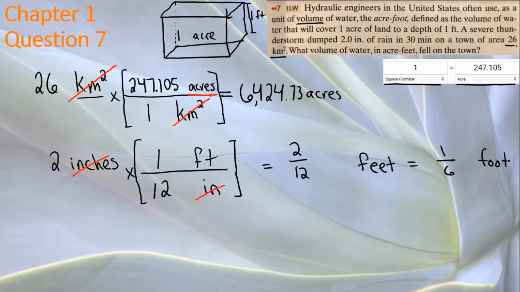Now, referring back to our definition of the acre-foot, we can see that the acre-foot is a volume that is a base of 1 acre multiplied by a height of 1 foot. So that's V equals area times height. Or we could think of it as a length and a width, but the length and the width are both encompassed in the acre.